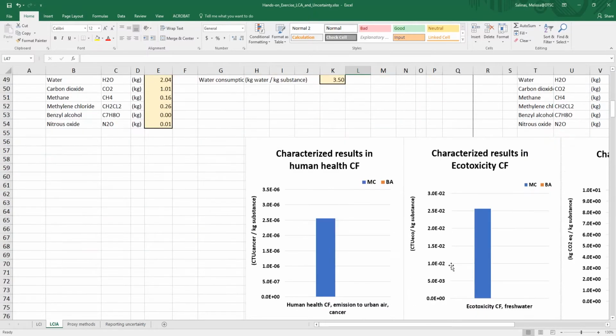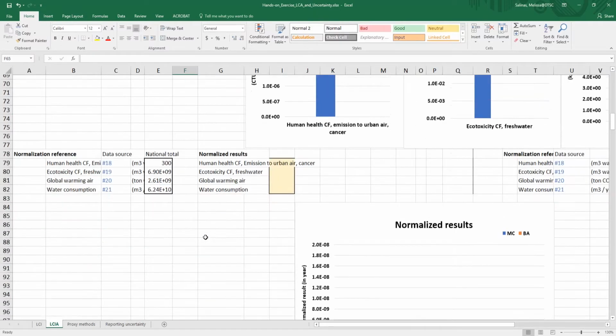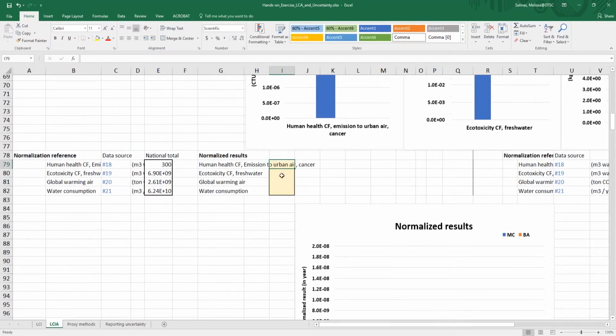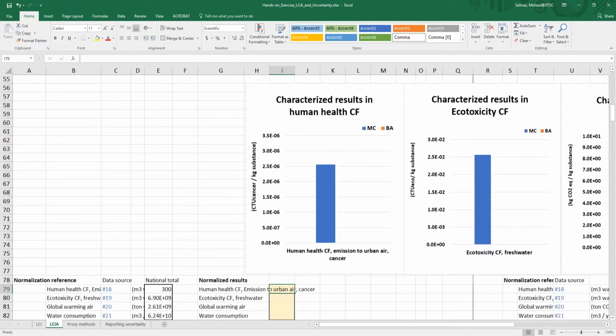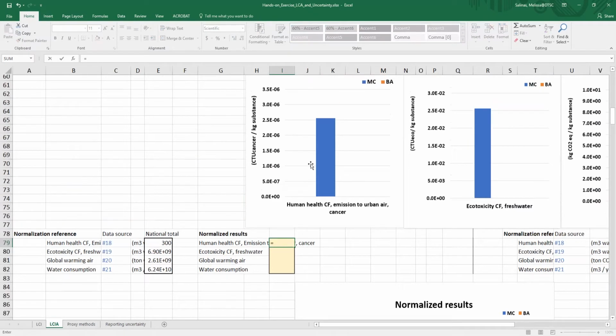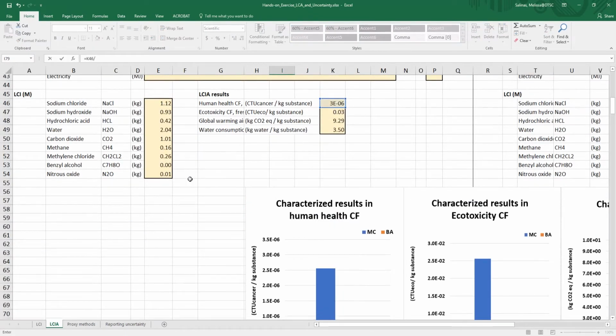So once you have done that, you can go on to the next step. It should have automatically generated a figure. Yeah, okay, great. And then you can go on to normalization too. Normalization basically is easy. You are dividing each of the characterized results by the normalization reference.